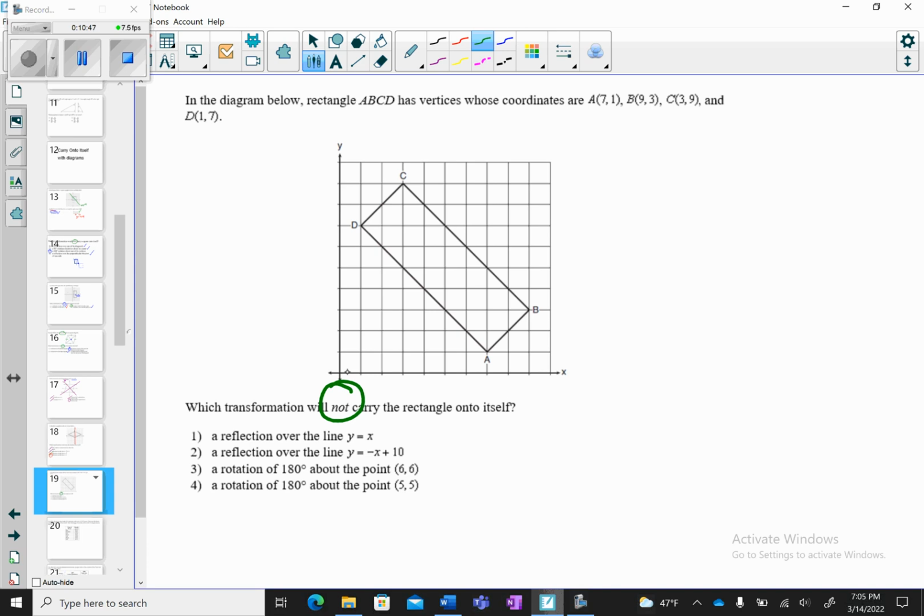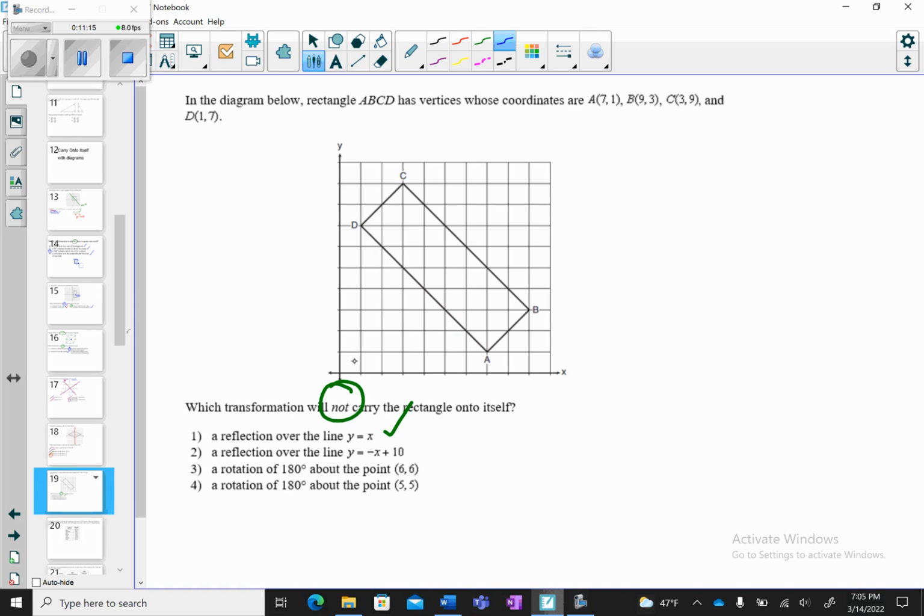So remember, y equals x goes through the origin, up 1 over 1 as the slope. And it appears as though it's cutting the rectangle in half, so that will work. Next, let's look at the next choice, a reflection over y equals negative x plus 10.